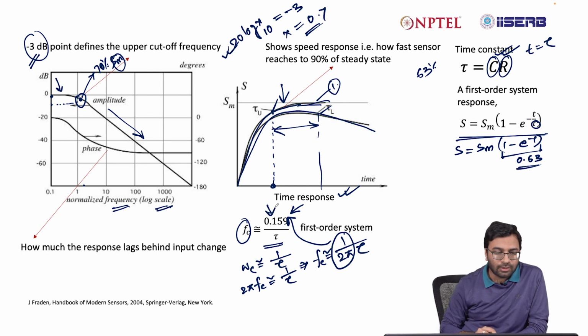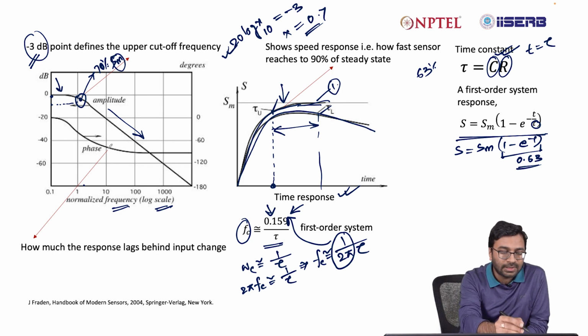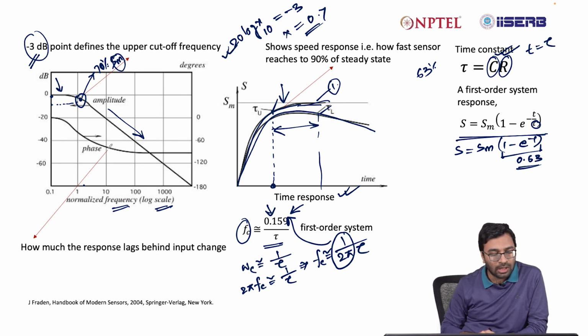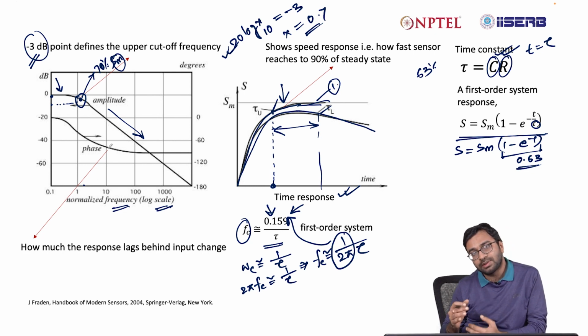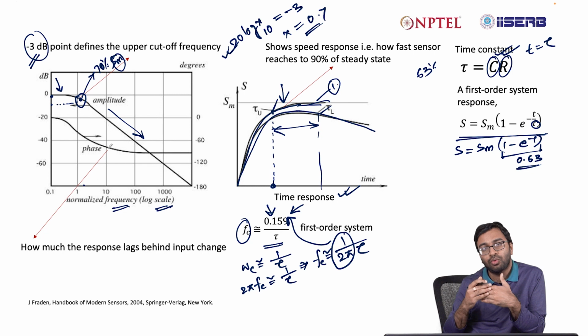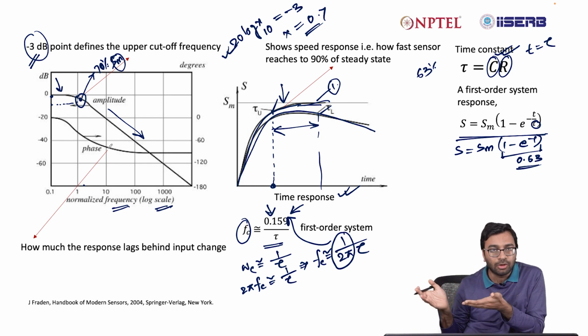Okay. Similar to the amplitude, we also have to take care of the phase. Phase is something that gives you how much the response lags behind the input change. So, if there is too much lag between your input and output, then again that will get reflected in your sensor output, right?